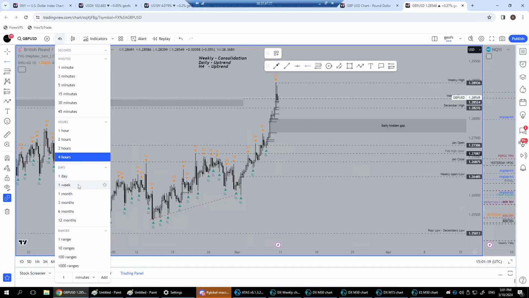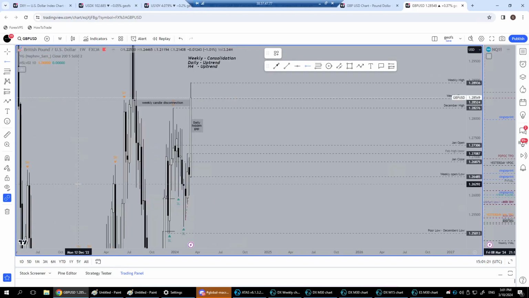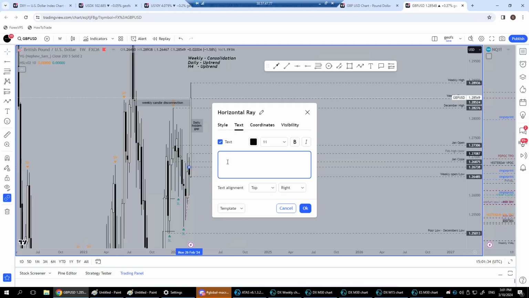I haven't actually got to the volumes yet. We'll get to the volumes, or even the TPOs. I'm just going to note that weekly, 2 week prior open.